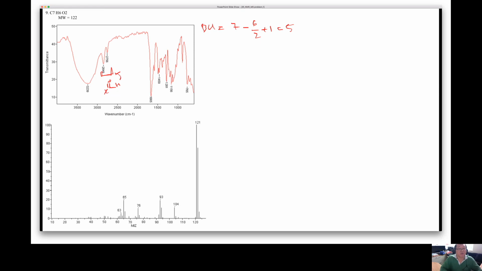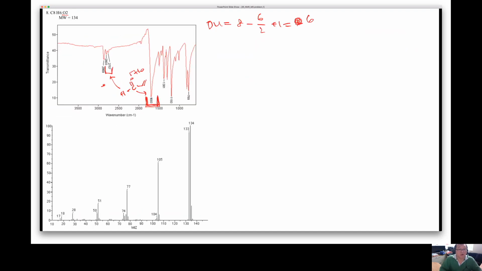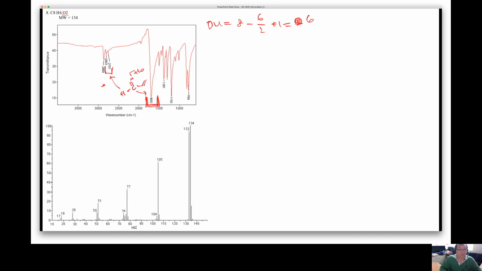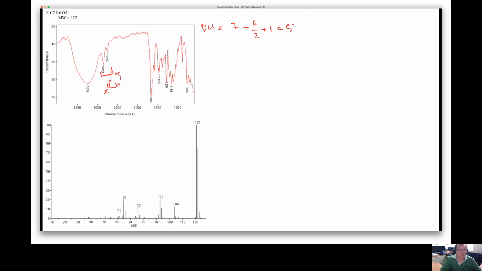And also I forgot to mention that because we have an aldehyde carbonyl next to the benzene, that definitely supports why these carbonyls are at such a lower frequency. I want to mention that. It's a similar system here, 1665.